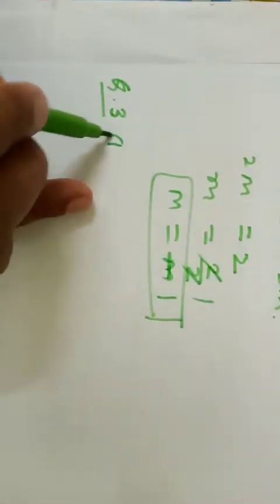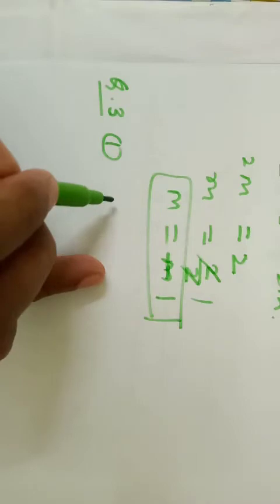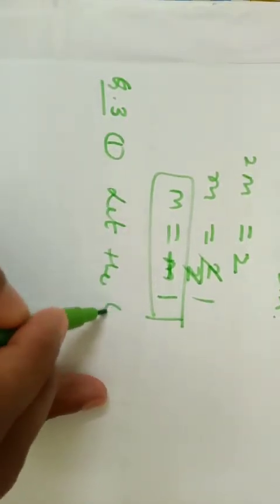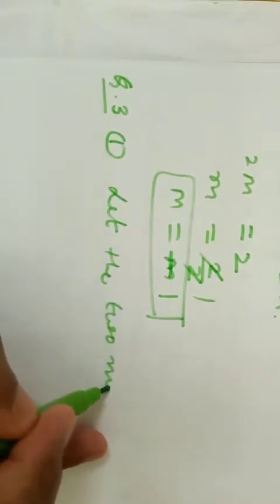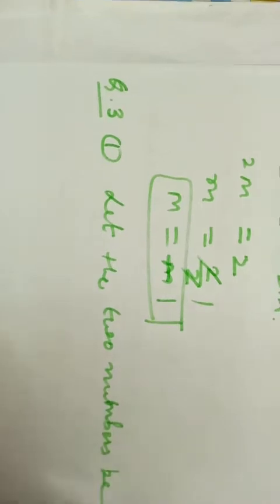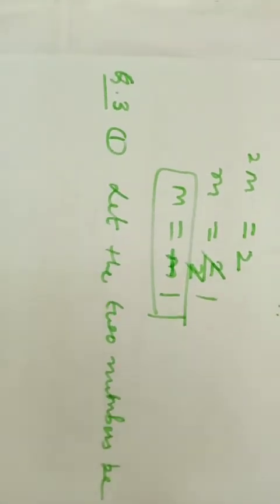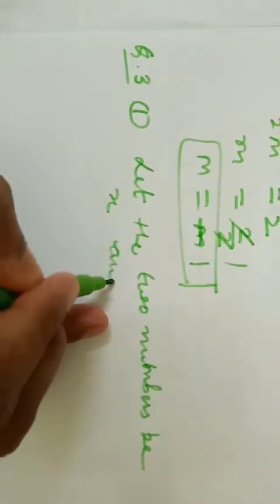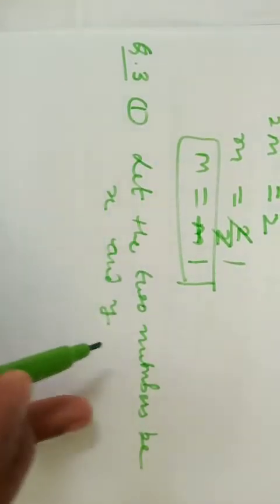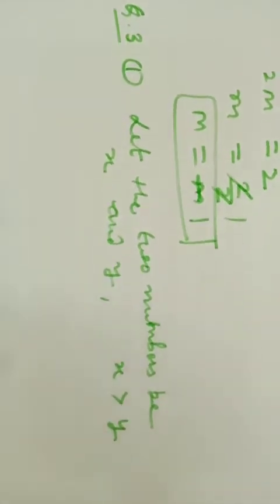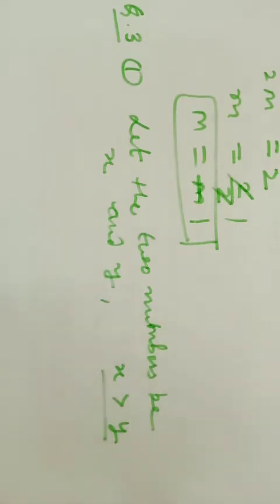So first of question number 3, let the two numbers be x and y, where x is greater than y. Why should that condition be applied here? Because the difference between them is 26.